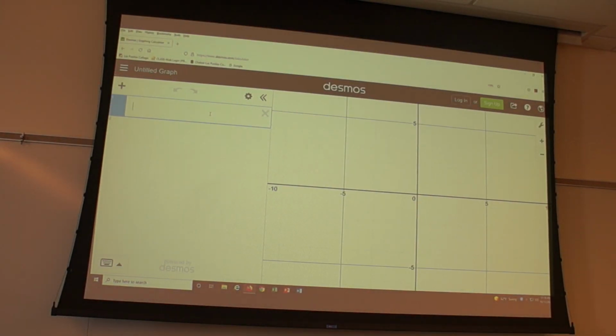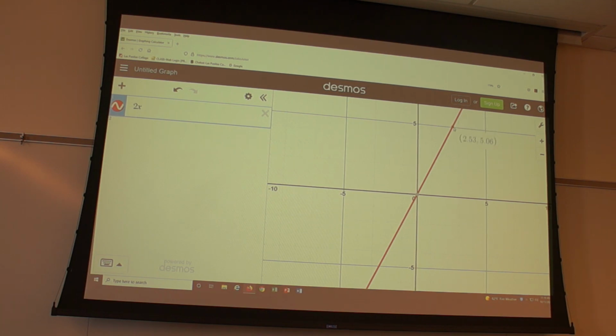So if I pick an equation, y equals, I don't know, 3x plus 1. Let's do something even easier: y equals 2x. Everywhere along this line, my y will be twice whatever x is.